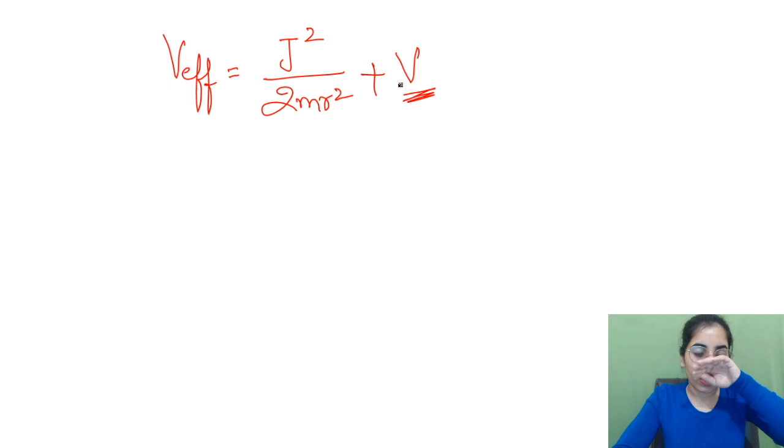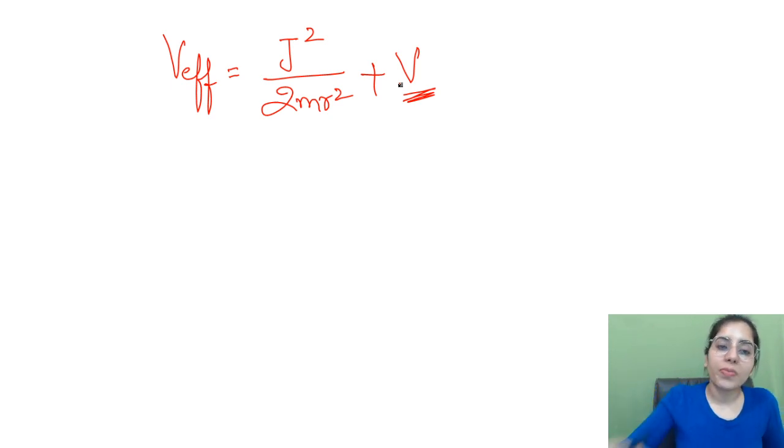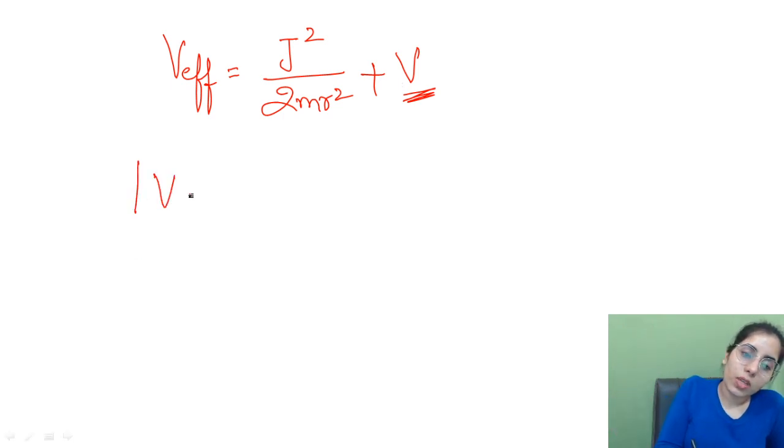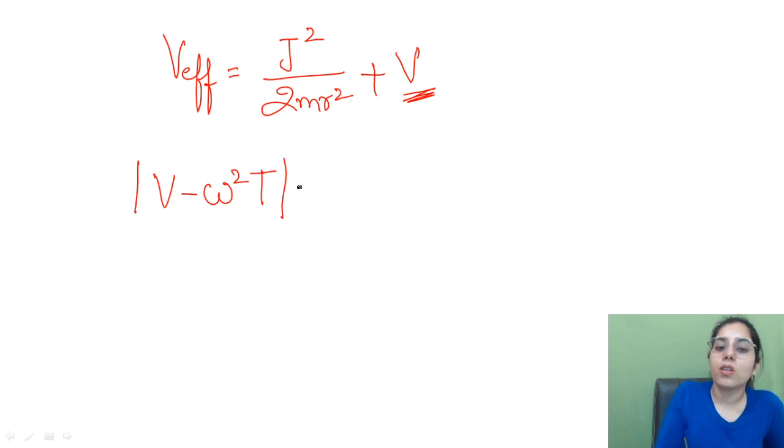Okay, next one. The next point is related to the frequency of normal modes. For finding the frequency of normal modes, you will solve this determinant, V minus omega square T equal to 0. Now how to write V? Let's say the Lagrangian is given to you.